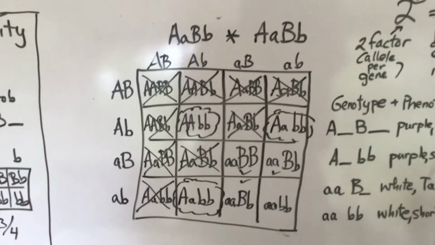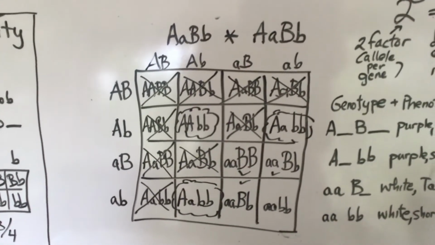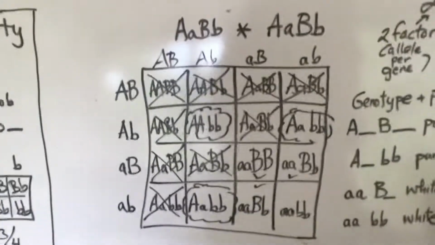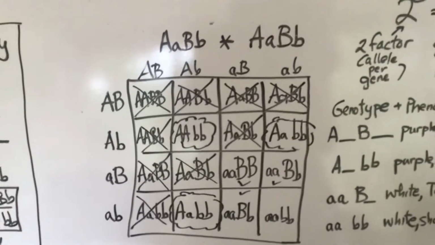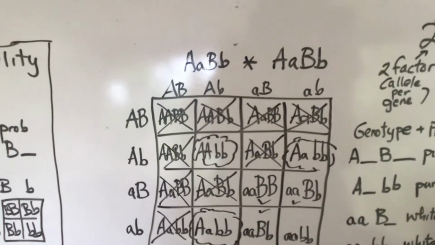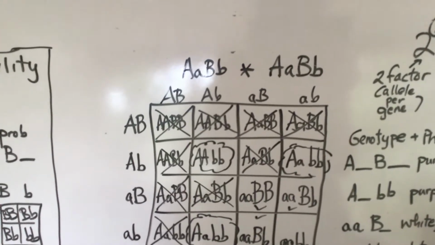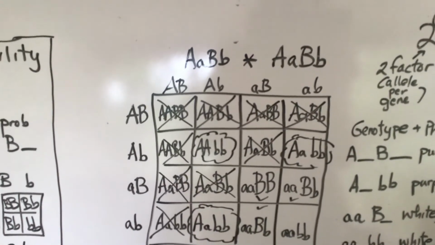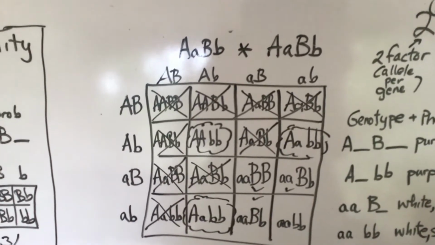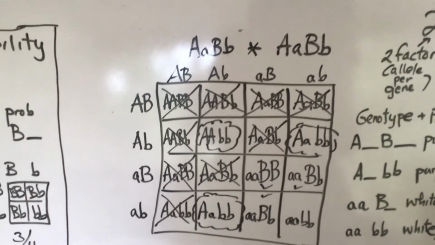But one thing that you could do if you had, let's say, more things, like 3 factors that I was considering: of course, I always have a maximum of 2 alleles per individual for a particular gene. That's because I have 2 homologous sets of chromosomes, and the genes would be found on those homologs.